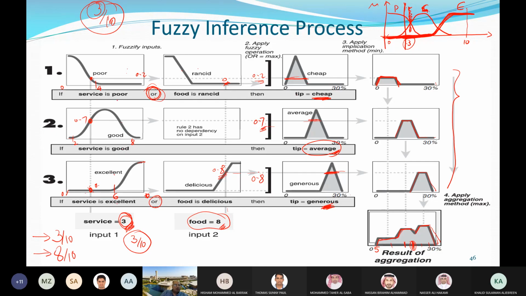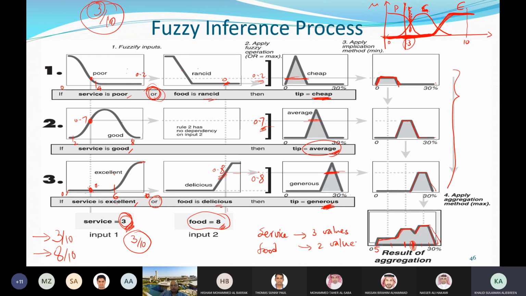For example, you have poor, good, and excellent, so 3 linguistic values for the first input, the service. For the food, you have 2 values, either rancid or delicious.